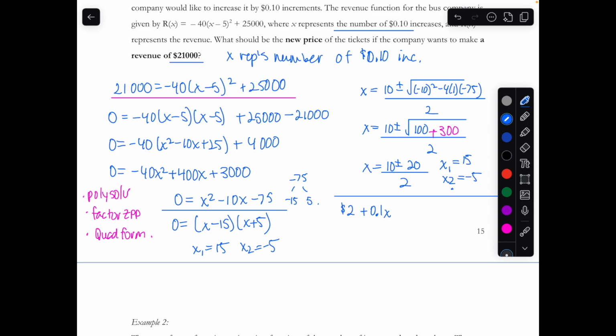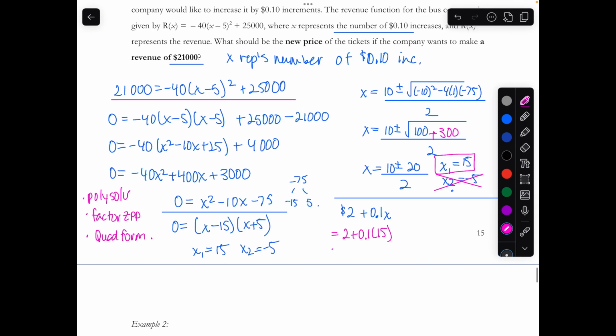So if I know that x1 is 15 and x2 is negative 5, I know the negative can't be true because we're increasing the price. So this becomes 2 plus 0.1 times 15, because I want 15 increments of 10 cents. So I'm going to get 2 plus 1.5. The new price is $3.50.